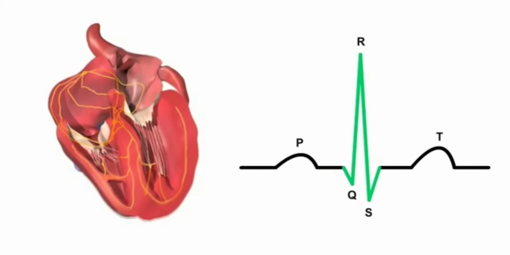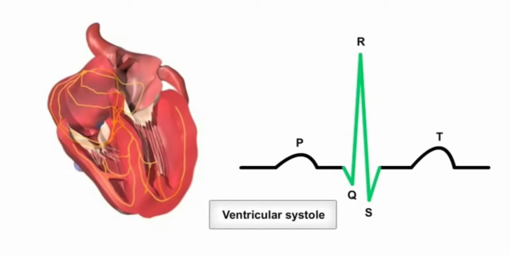So the QRS complex basically represents a ventricular systole or the ventricular depolarization, also called as a contraction of ventricles. So this QRS complex also hides the atrial diastole or the atrial repolarization within this complex.